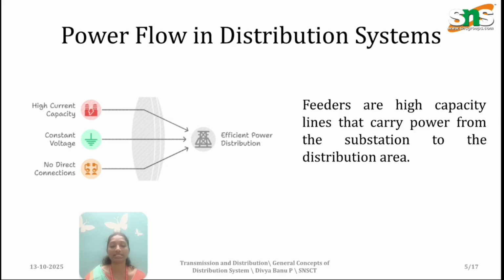In the single line diagram, which we have already seen in previous videos, we have a generation part that feeds a primary transmission and a secondary transmission. In distribution also we have two, primary and secondary. From the secondary transmission we go to the distribution part through the substation. So feeders are high capacity lines that carry power from the substation to the distribution part.